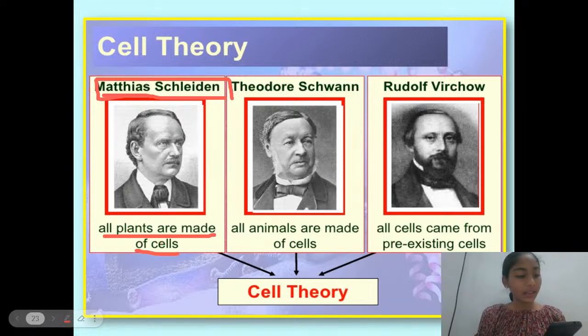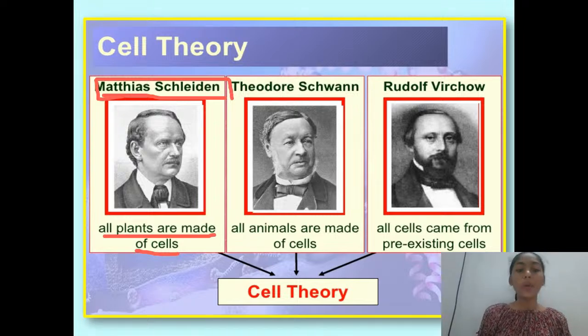Yes, Kriti, what's your doubt? Kriti is asking that Robert Hooke has already discovered the cell, then why did Matthias Schleiden do it? So, Kriti, the answer is Robert Hooke discovered cells in cork, and he told everybody that cells are present. He discovered the name cell, and he told that cells are present. That's it.